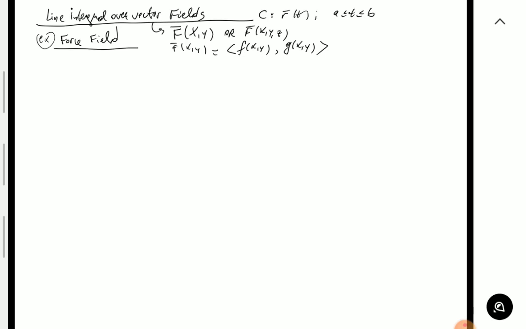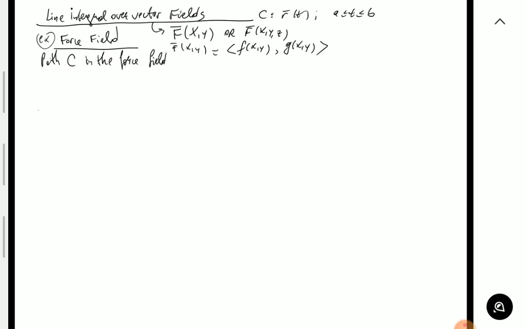I'm not going to do lots of sketching or writing down here. Just hear me out when I describe what you should imagine. A force field means that at each point in space, let's focus on 2-dimensional space, you have a force acting on that point in various directions. And let's say you have a path C in the force field.